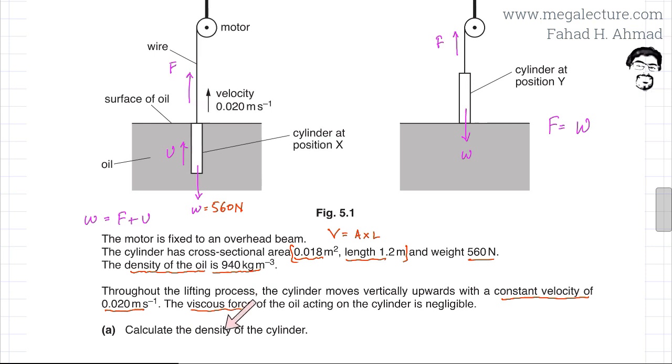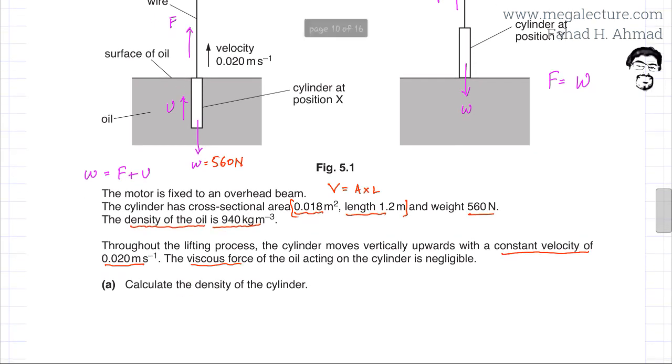Now the first part is we need to calculate the density of the cylinder. The formula for density is mass over volume. So we're going to use that formula. We can figure out the mass of the block of cylinder.